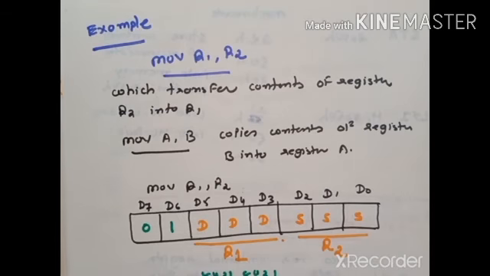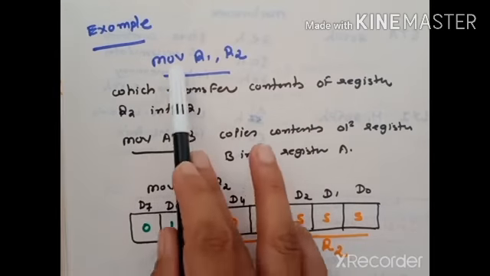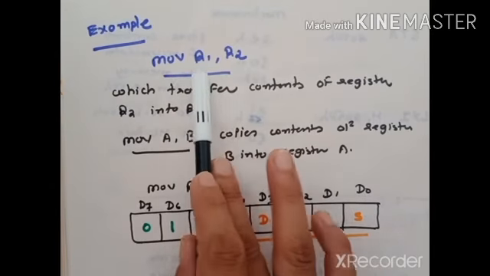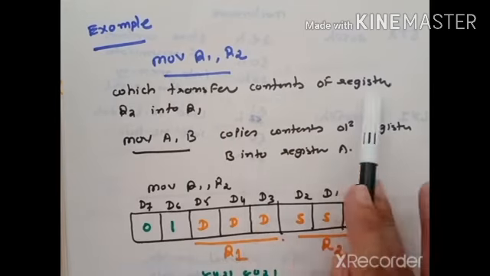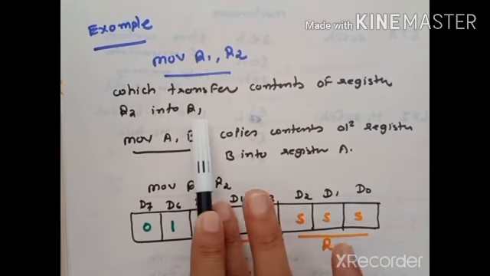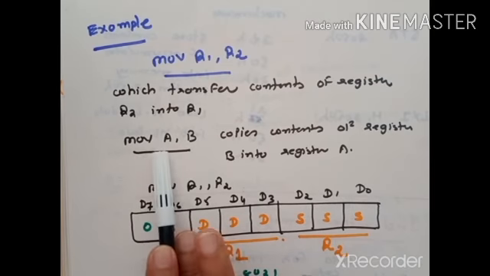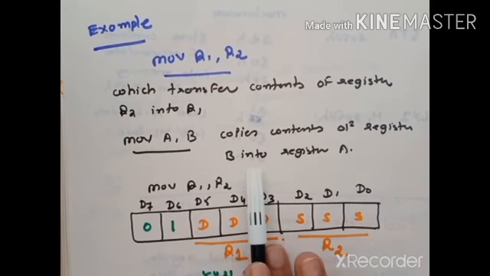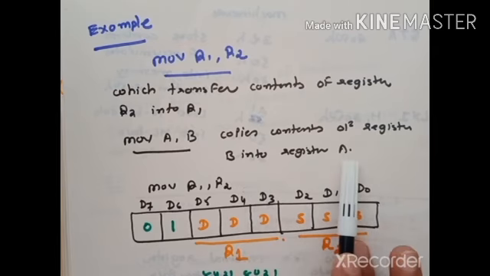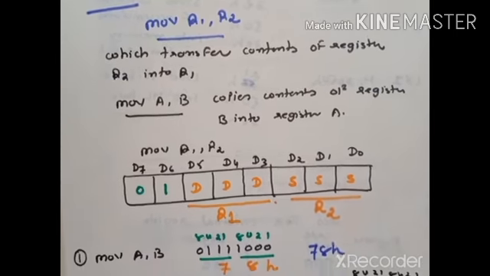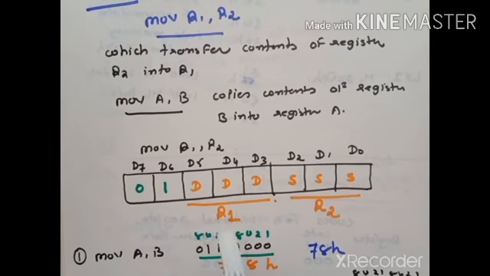Then an example of the instruction format: suppose MOV R1,R2, that means transfer the content of register R2 into R1. An example of that instruction is MOV A,B, that means copy the content of register B into register A. Suppose for the equivalent hex code, this is 8-bit data, that means D0, D1, D2, D3, D4, D5, D6 and D7.